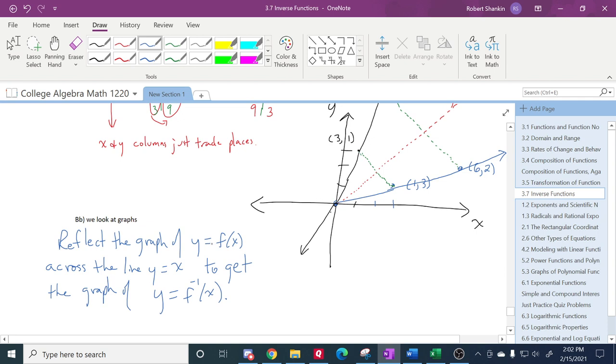So this is how functions and inverse functions will be related to each other on graphs.